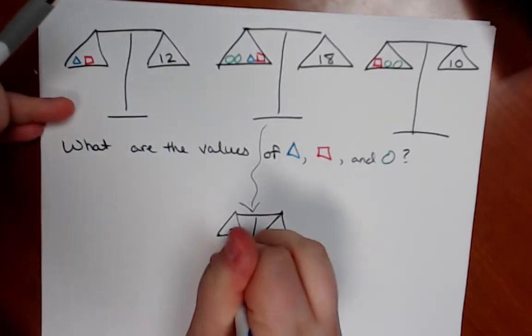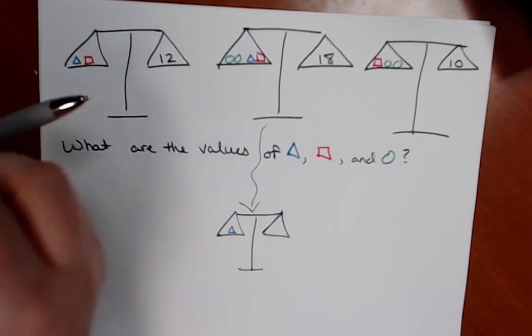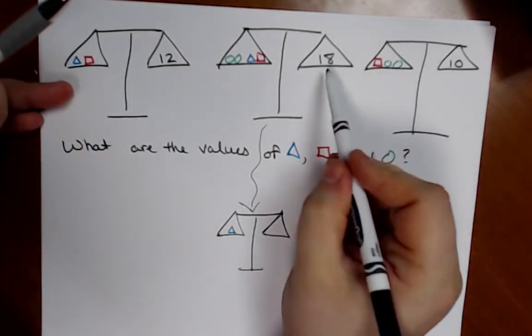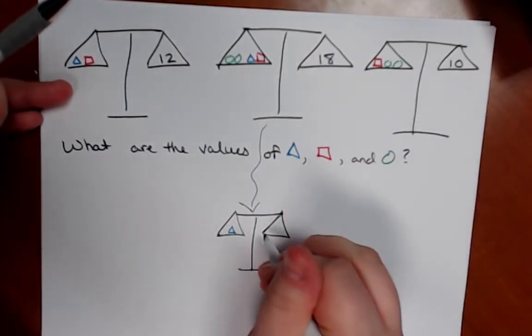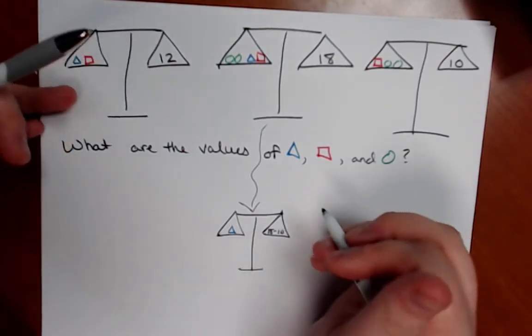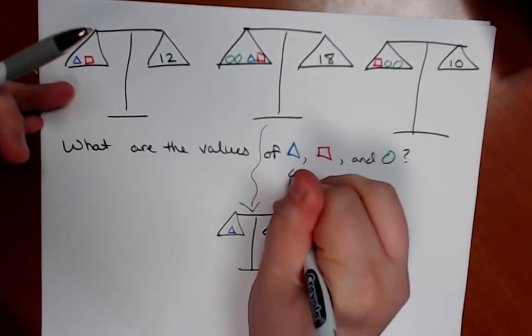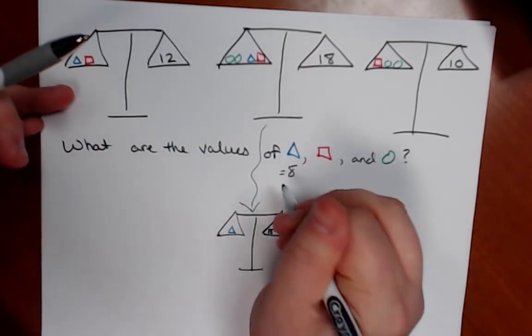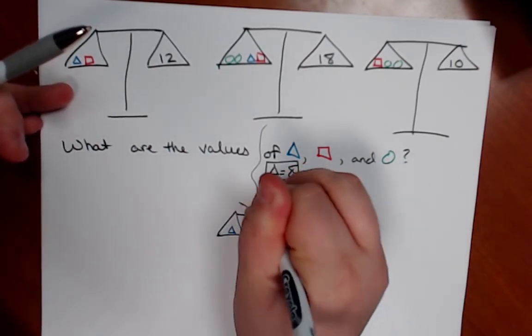Make sure I use the right color. Triangle equals 18 minus 10. And so triangle equals 8. Triangle equals 8.